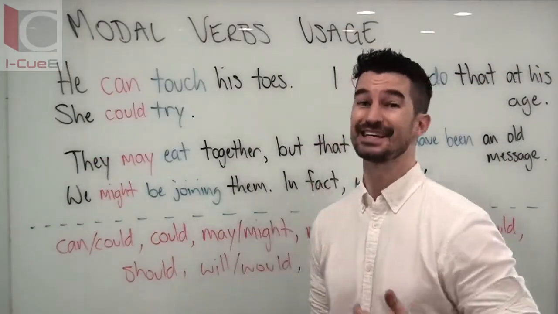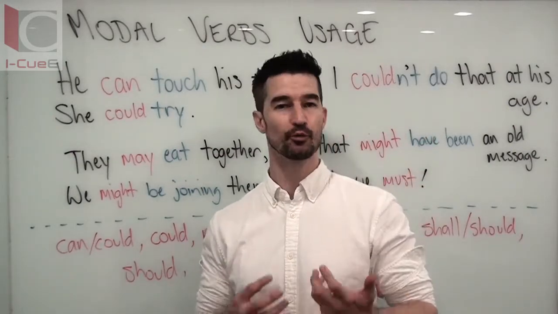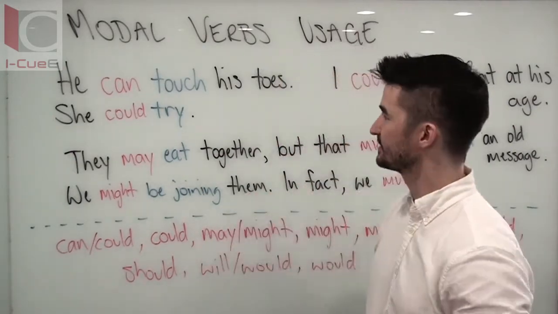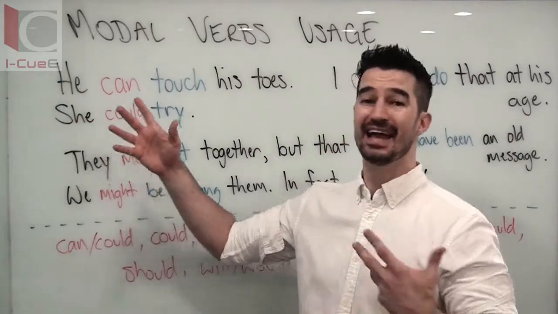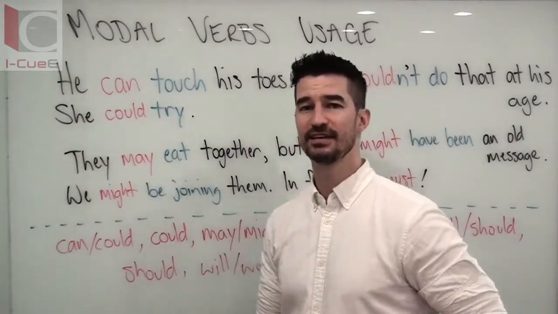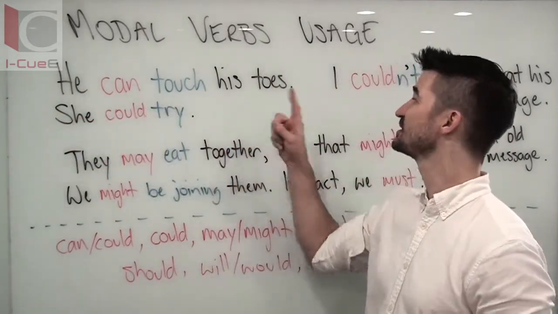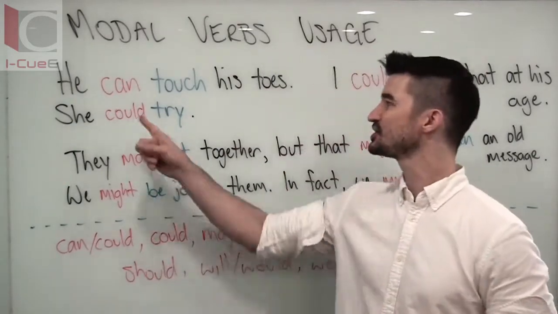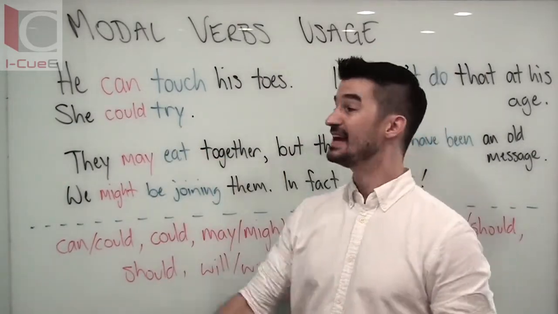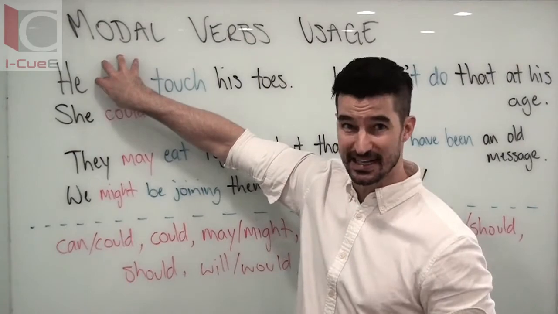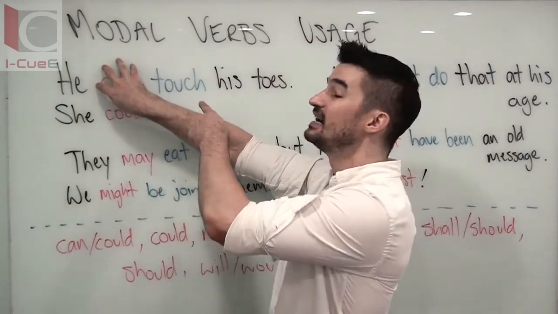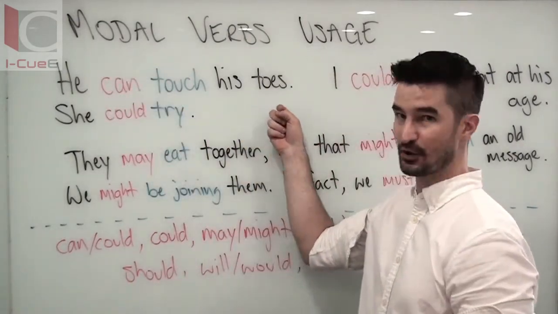So let's look at some examples of using these modal verbs in context. So, if you know a person and he can touch his toes, remember that this is just showing ability. If he then demonstrates that ability, we would say he touches his toes.